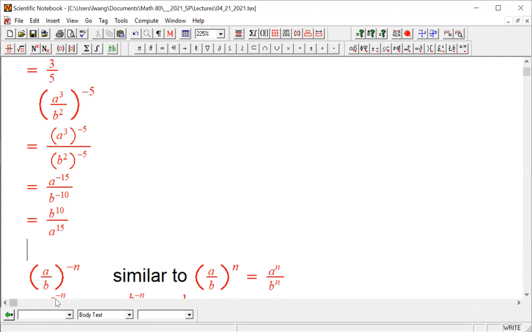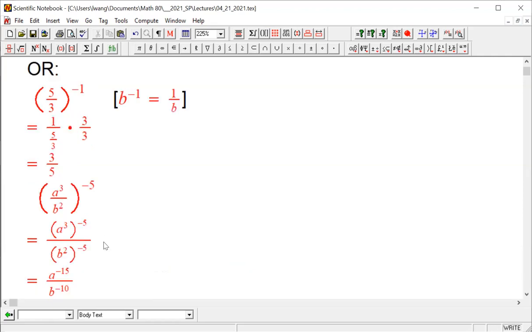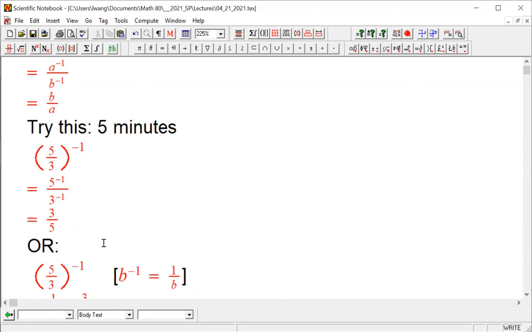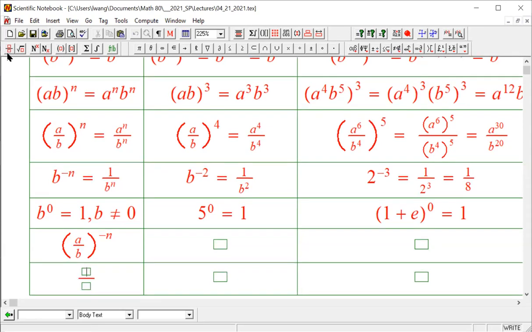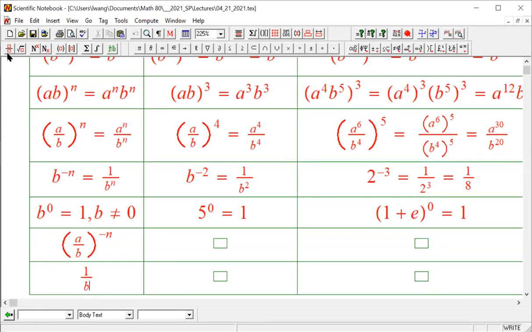Right, so these are the operations you could see from these exercises. And next, I wish to show you the last row. The last row is not anything new. It's just 1/b raised to the power of -n.